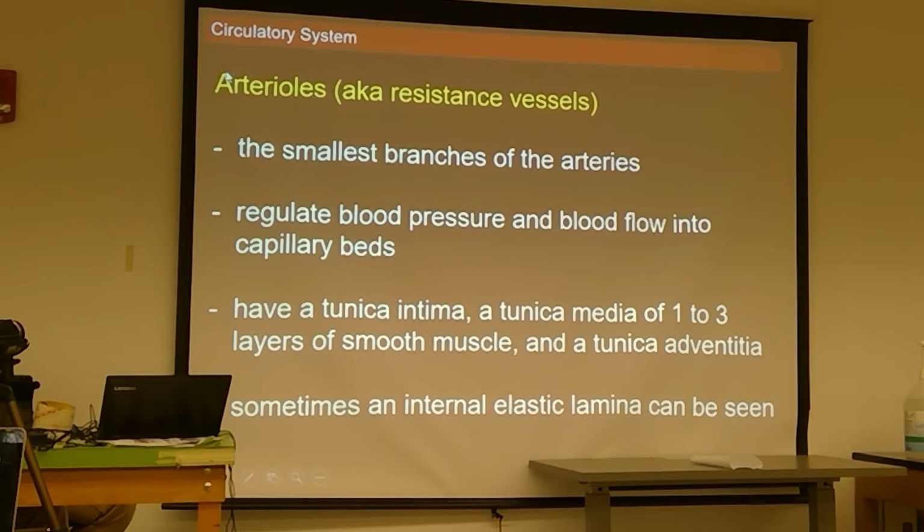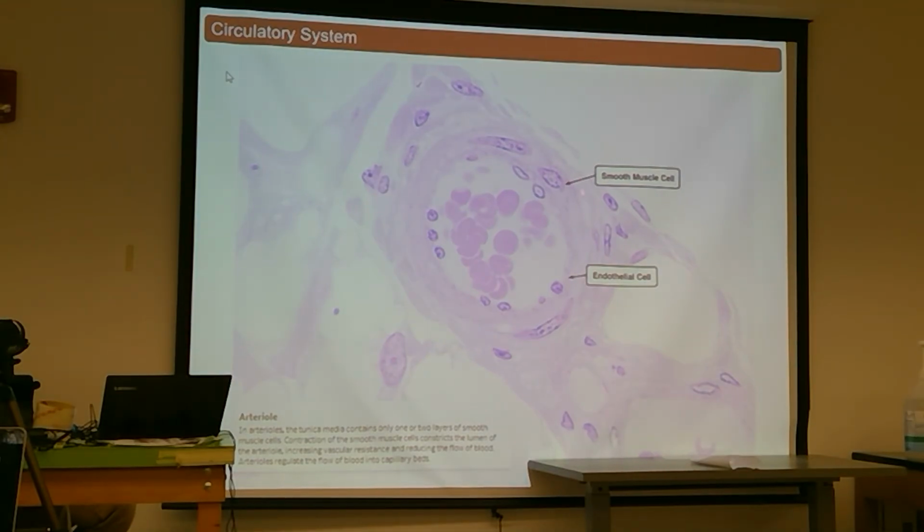Sometimes there's an internal elastic lamina. It just depends on the stain and how defined that is when we see. But the biggest takeaway when we see this is that it's going to have 1 to 2 layers of that smooth muscle, so you can see the nucleus there and there. So it's just going around, you see the red blood cells, endothelial cells there, and then going around you see the adventitia around the outside. So a lot smaller, right?